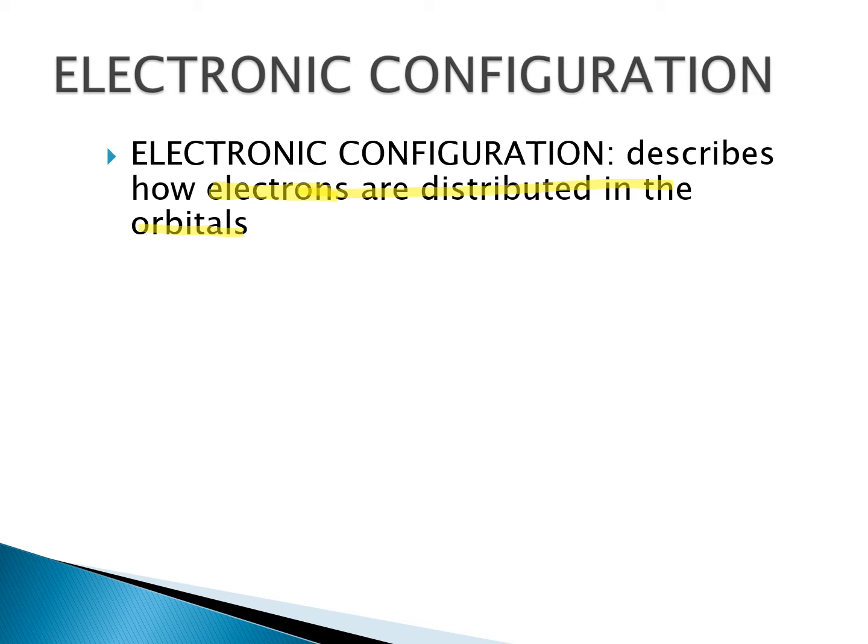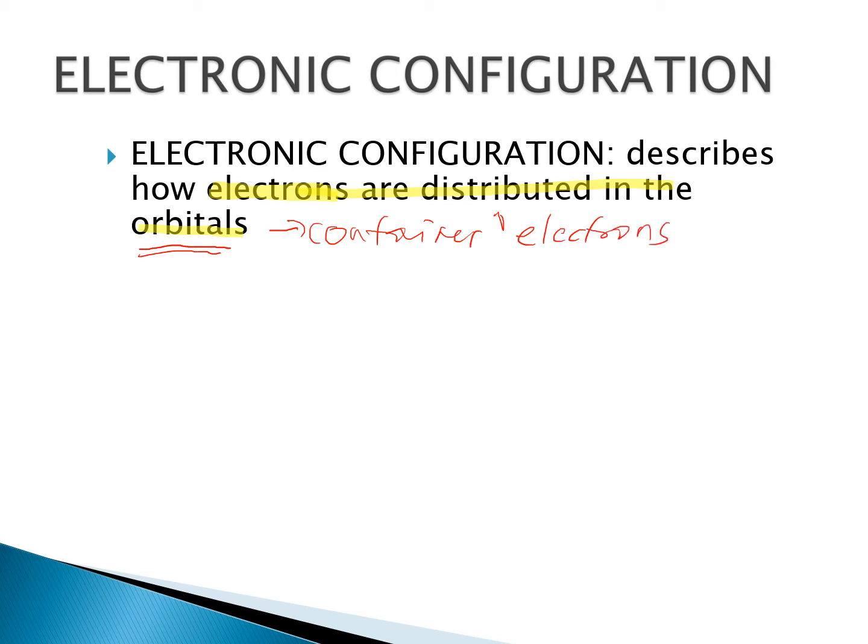As you can see in the definition of electronic configuration, we have here the word orbitals. So what are these orbitals, class? Now, think of orbitals as containers of electrons. Orbitals are like containers of electrons in an atom.